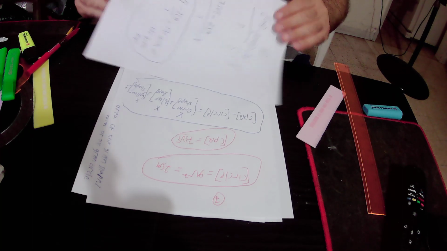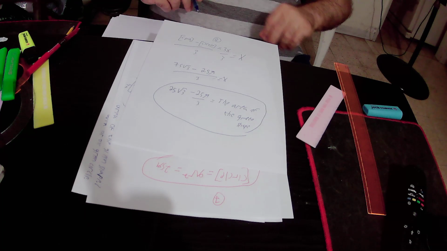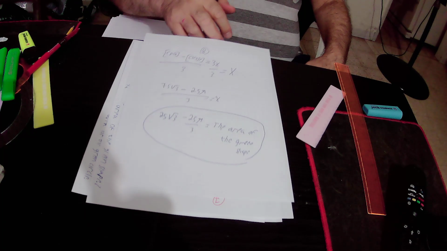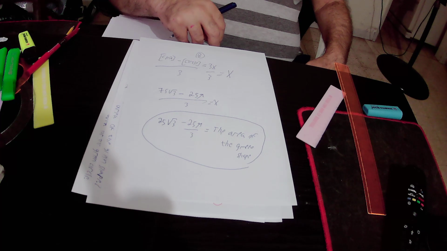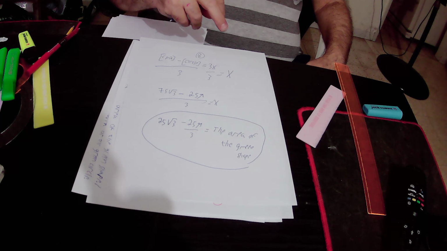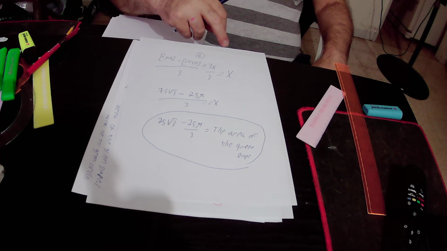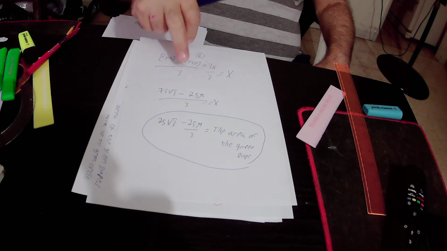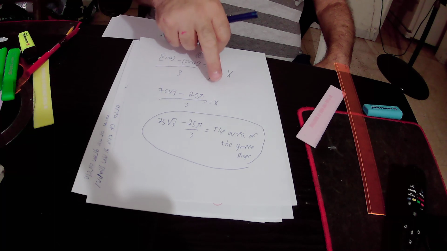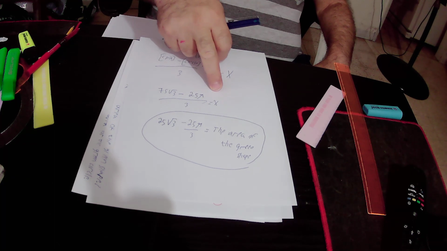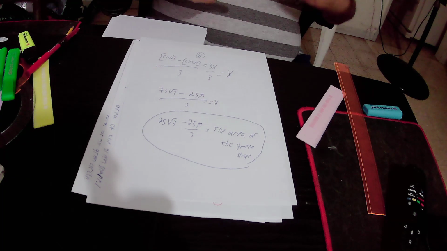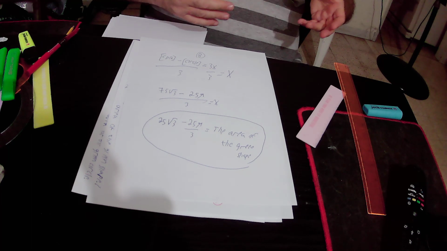Okay, so the area of the green shape according to the second method is 25 times root 3 minus 25 pi over 3 square units, because this expression equals x, and x equals the area of the green shape according to our definition.